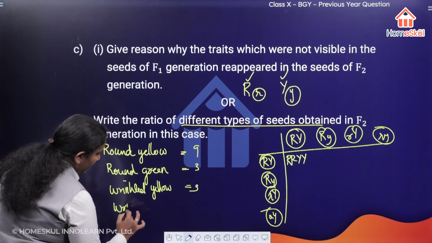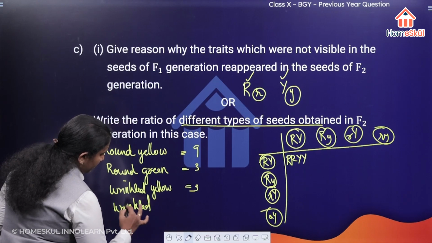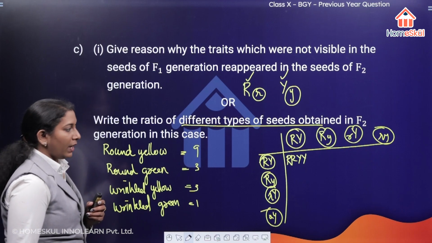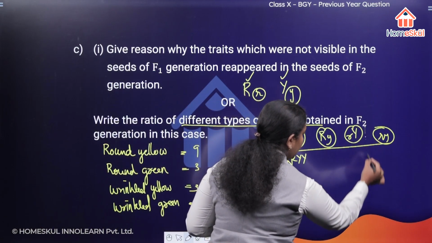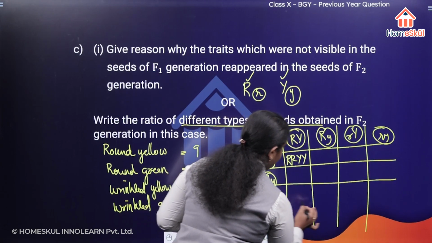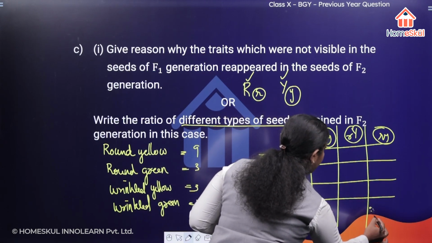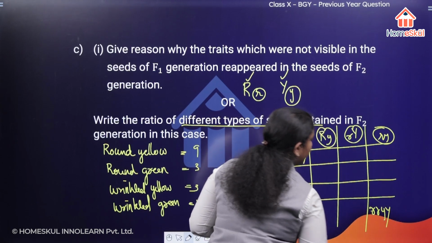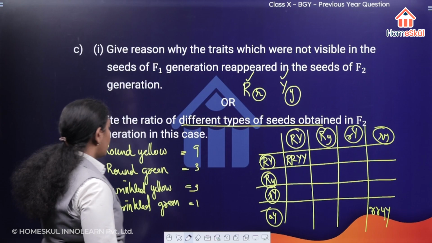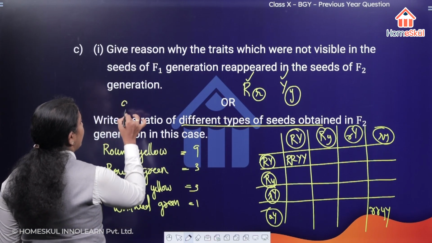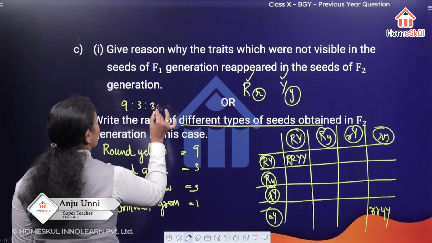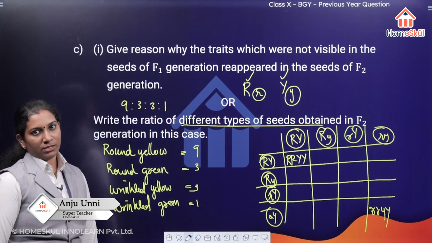Then the recessive one, wrinkled green seeds, is only 1 in number. Only in this last condition will you get the recessive genotype, the wrinkled green. So the ratio is 9:3:3:1. This is the ratio for this.